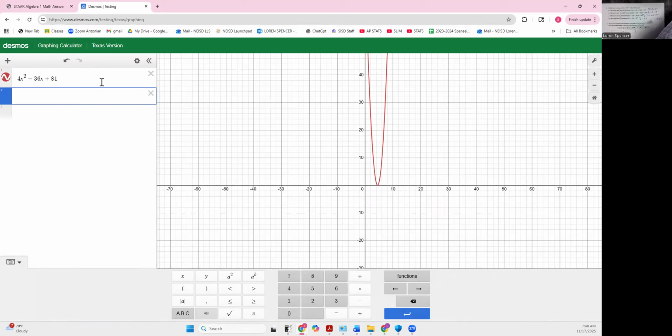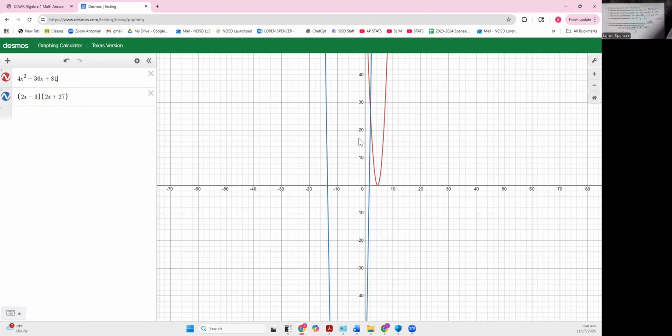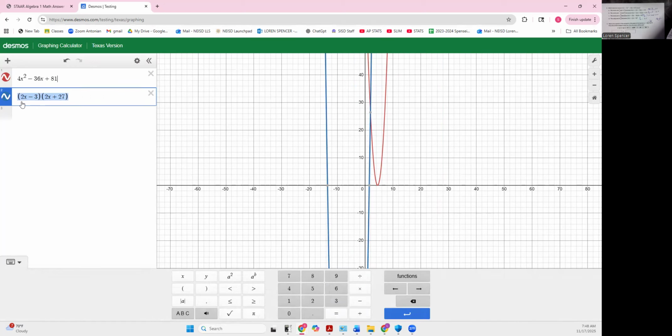And now we have parentheses 2x minus 3 and 2x plus 27. Once again, that blue graph does not lie directly on the red one, so it can't be correct. So then I try the next one.